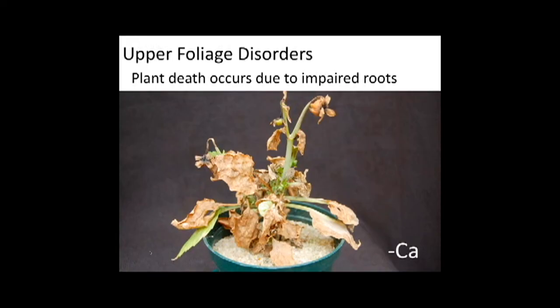Now, many times you need to keep in mind that what's going on above the plant in the shoot area is also occurring in the roots, I should say. And so what we're seeing here many times is that the top growth of the plant collapses, and that's because the root system has died, because calcium is taken up right behind the root cap, and if you have death of that root, you have no calcium uptake, and also then you don't have any water uptake.